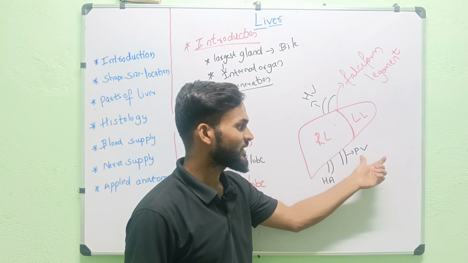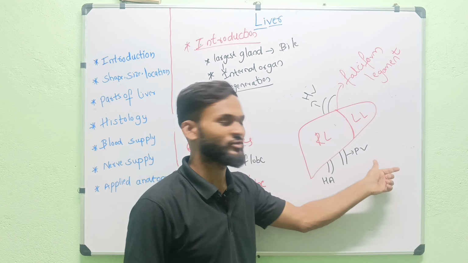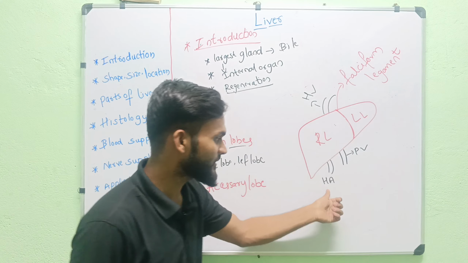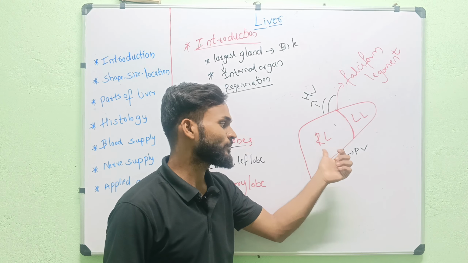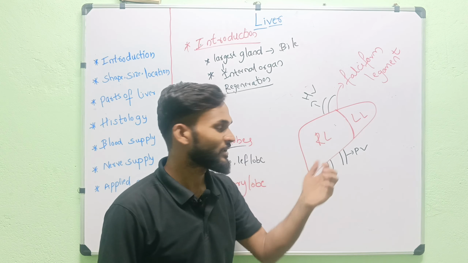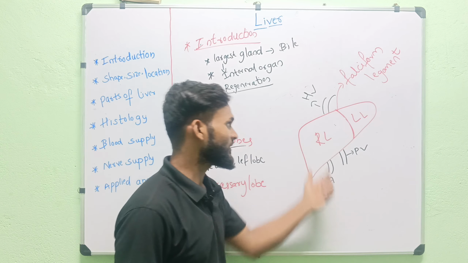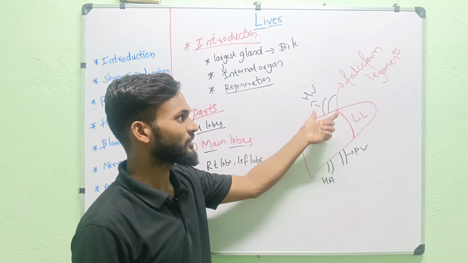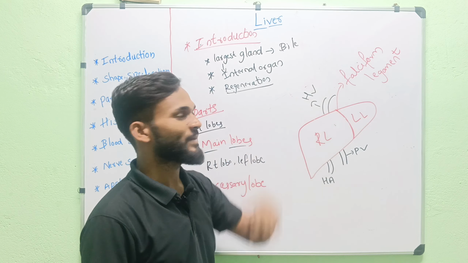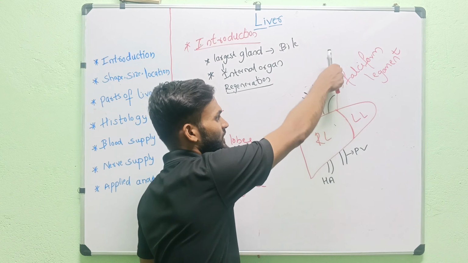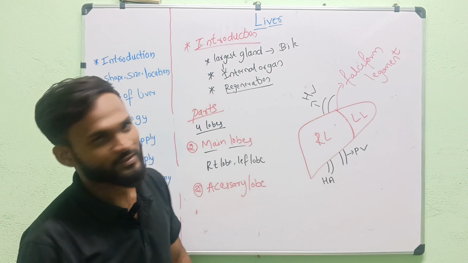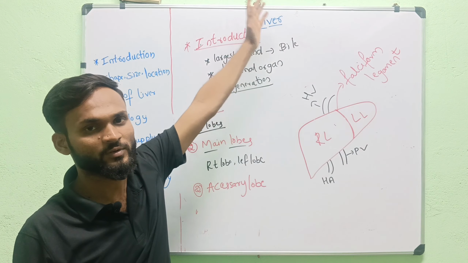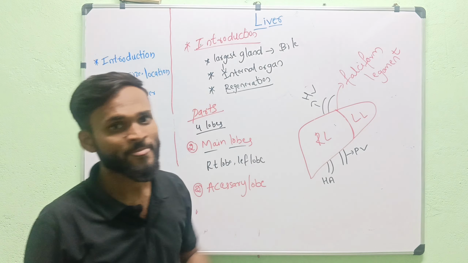The hepatic artery supplies the purified blood to your liver for proper functioning. Then the unpurified blood leaves through venous drainage via your hepatic vein, which connects with the inferior vena cava. The inferior vena cava then drains the blood.